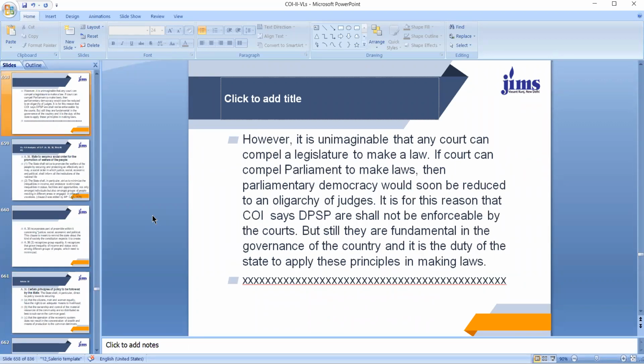Dear students, it is unimaginable that any court can compel a legislature to make a law for implementation of directive principles. If court can compel parliament to make laws, then parliamentary democracy would soon be reduced to an oligarchy of judges. It is for this reason that Constitution of India says that directive principles shall not be enforceable by the courts.